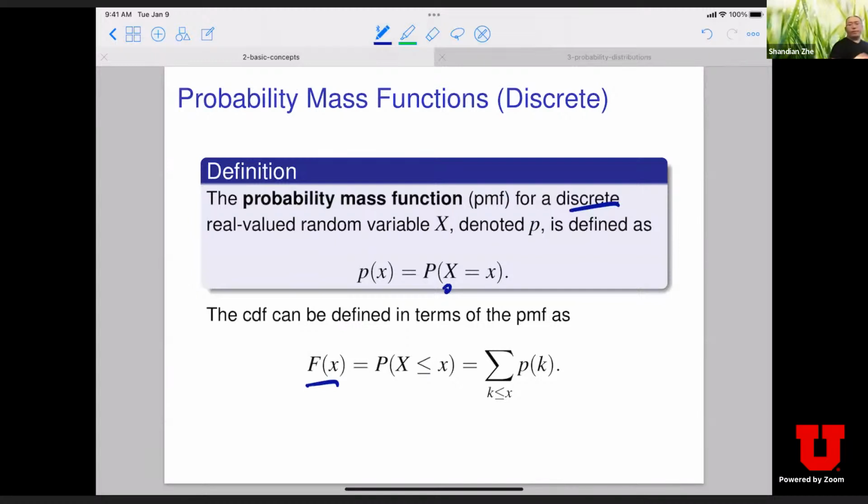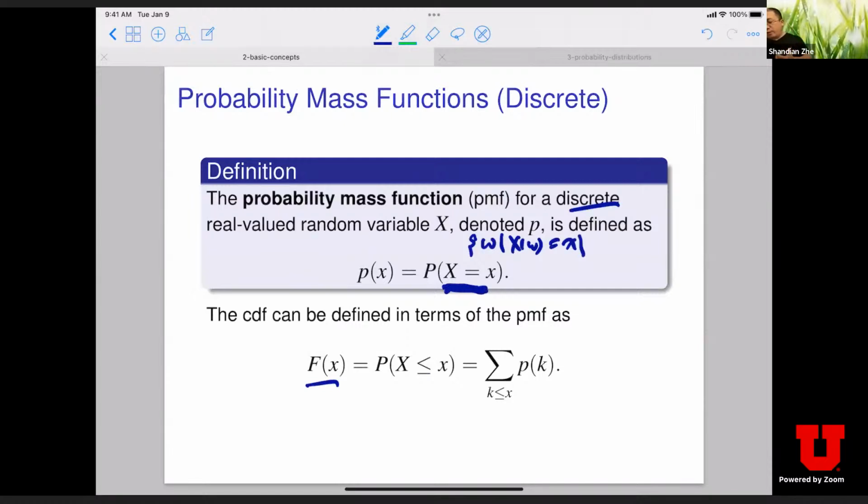Then you can ask, what is the probability measure that this corresponding event happens? That means, what is the probability of the event that your random variable's output equals this particular discrete value? This is called the probability mass function.